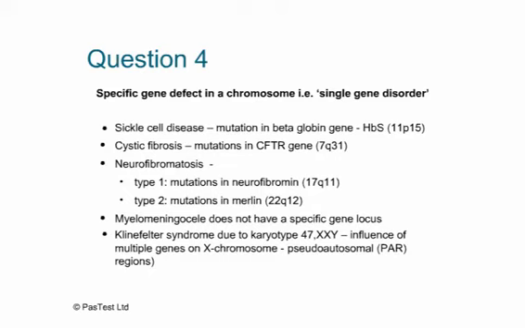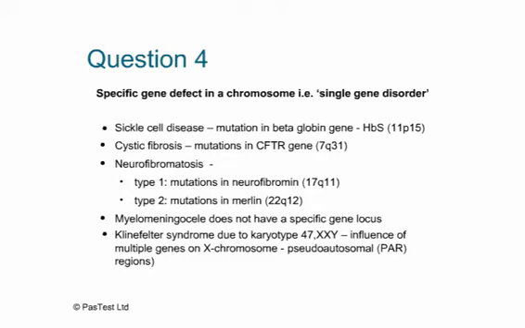Now, in this particular question, sickle cell disease is of course due to mutations in the beta-globin gene, usually the HBS mutation. Cystic fibrosis is due to mutations in the CFTR gene on chromosome 7. Neurofibromatosis may have caused you a little confusion because of course there are two diseases called neurofibromatosis, or NF.